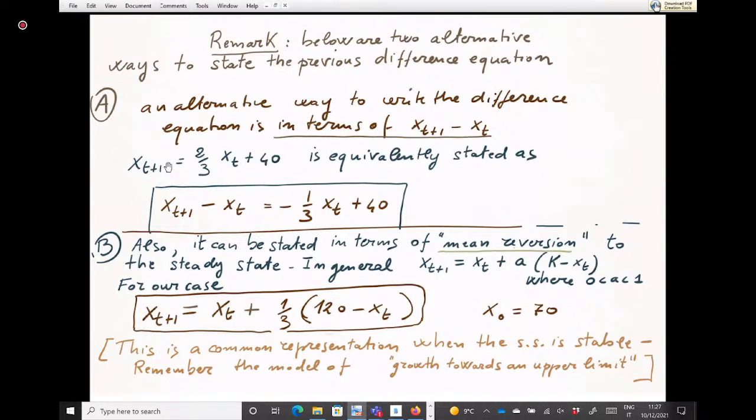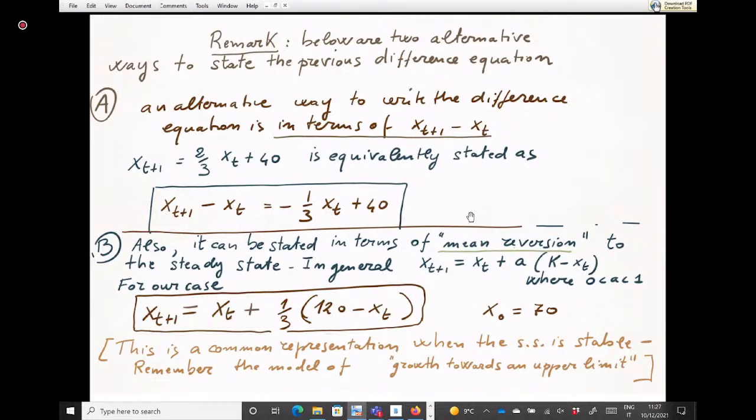For instance, our equation can be equivalently stated as x_{t+1} minus x_t is equal to minus 1/3 x_t plus 40. Why? Because if I subtract x_t from the left side, I must do the same from the right side, okay? So this becomes 2/3 x_t minus x_t, so minus 1/3 x_t.